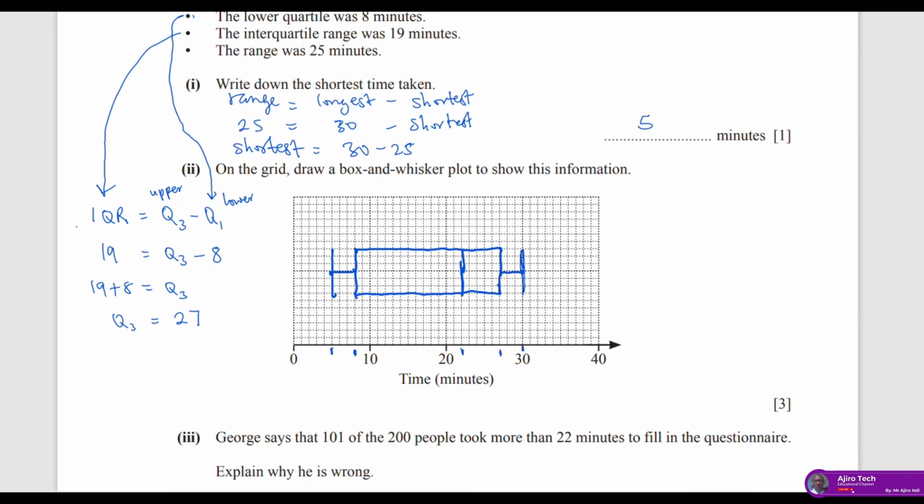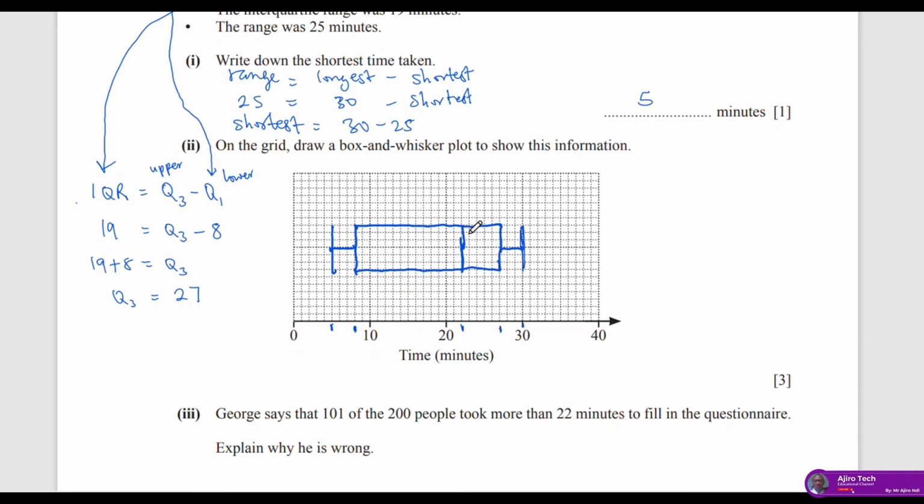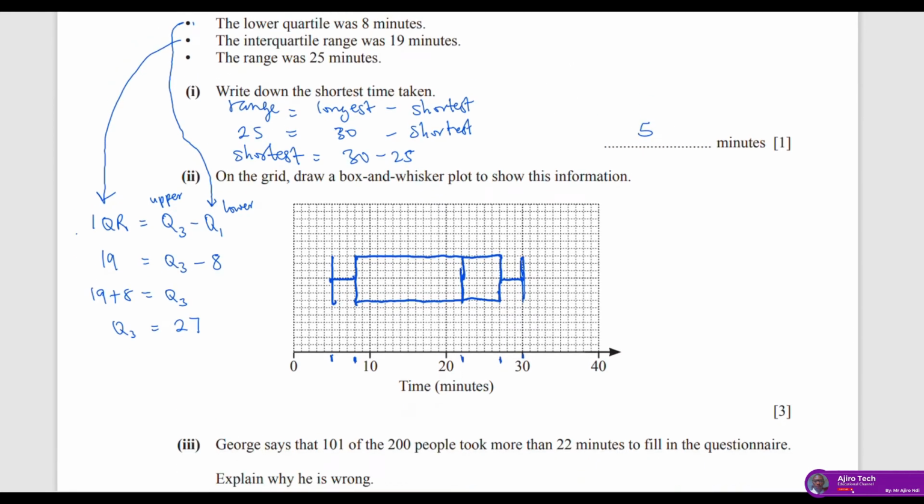I expect that there should be 100 here and 100 here, except 22 is part of the values. There are 200 values, so the median position should be 2. There should be 2 numbers in the median position. If they are different, then there should be 100 on both sides. If they're the same, there should be 99 on both sides.